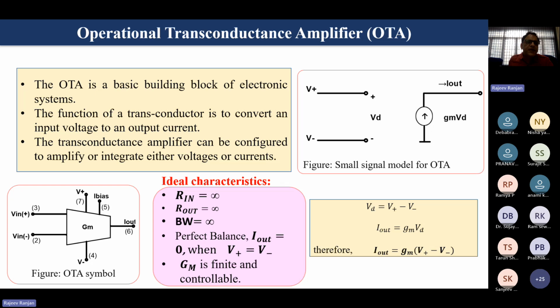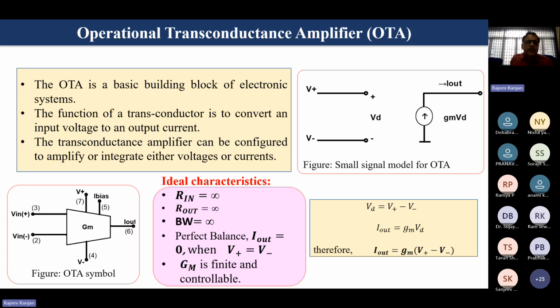OTA is a basic building block of electronic systems. However, the op-amp was the previous basic building block. Now OTA is also one of the current mode basic building blocks. Its input and output impedance are high. The function of transconductance is to convert an input voltage to output current.